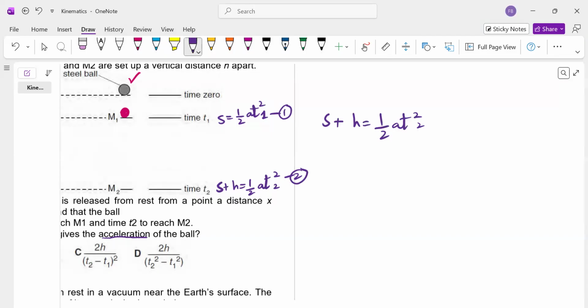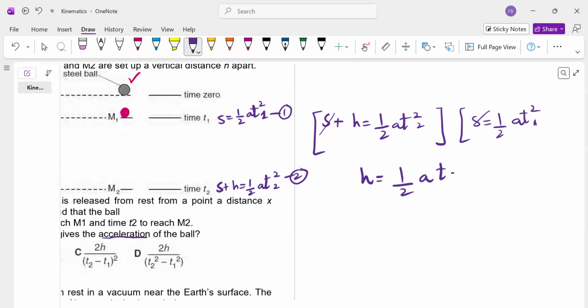And then you have this equation, S equals half a T1 square. If you subtract this, this S will be cancelled, right? When you subtract it, basically you will get H equals half a (T2 square minus T1 square). Are you clear with what I have done?